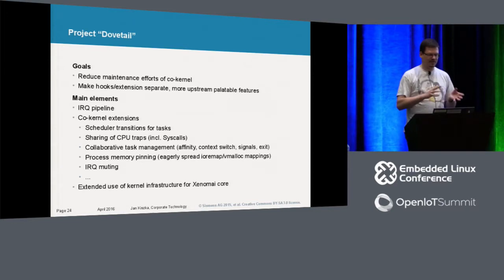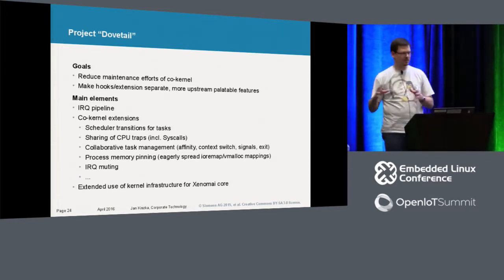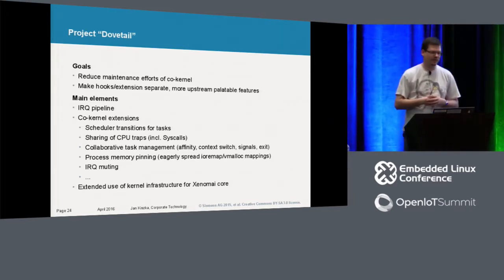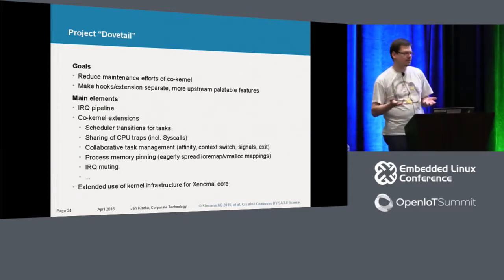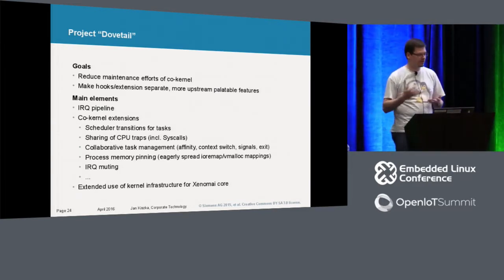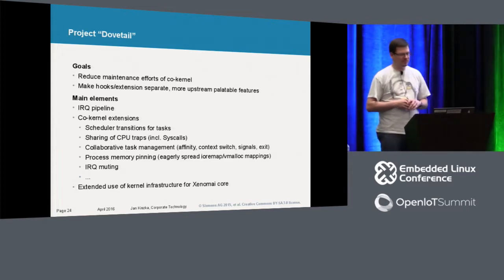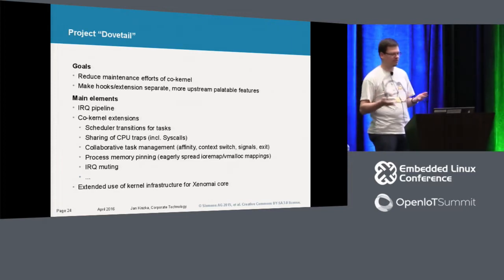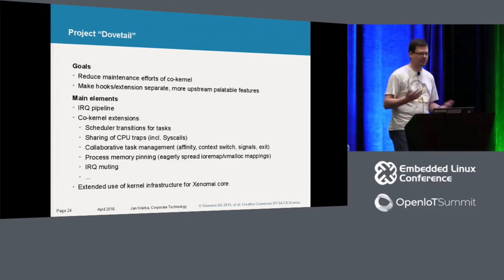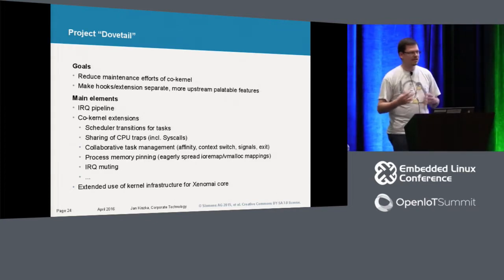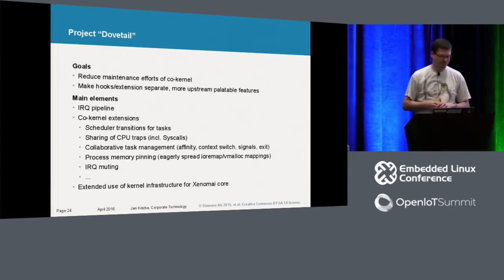We need this scheduler transition of tasks, as I said before. There is infrastructure required for this. We share CPU traps, so also there, including the system calls, we have to have some infrastructure available. Another feature set is task management, like affinity, context switching, signals, and so on, the exit paths. There's also a sharing between both schedulers, which has to be enabled.